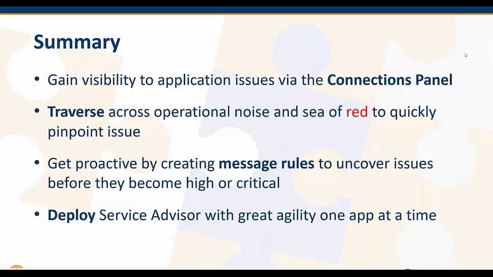And we also talked about how you get proactive by creating these message rules. Marie created a very simple critical heap space message rule, so that when those start happening, invariably, if it happens enough, it will lead to an application partial outage at a minimum. So how can we get more proactive and be able to create these rules, signify and create these quote-unquote red alerts when these medium priority events or tickets are coming into my organization, my team?